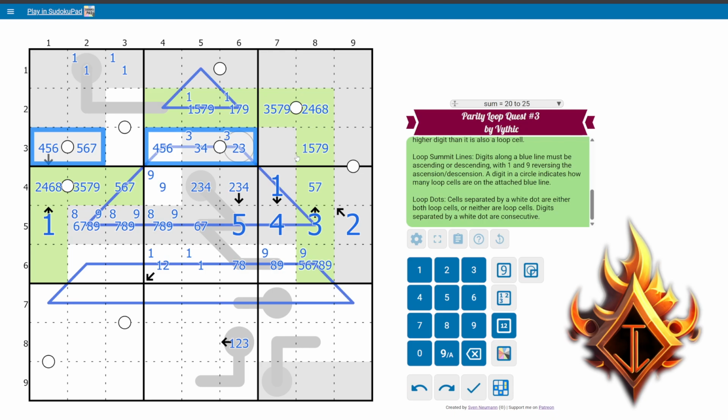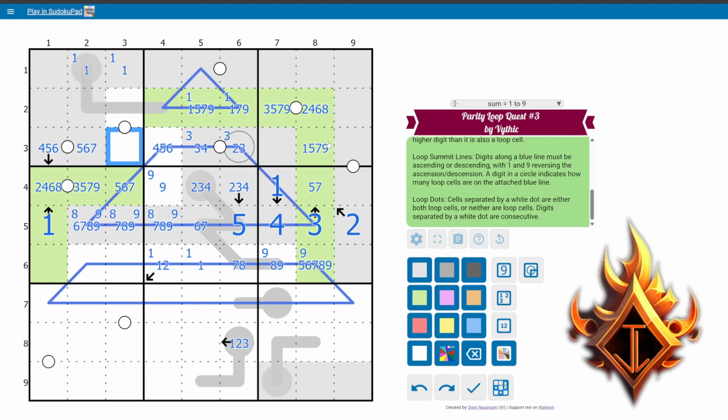Oh, wait a minute. 3, 4, 5, 6, 7. I already know this can't be 9. I already know this can't be 1. This can't be 2. So that would have to be 8. That would have to be 7.